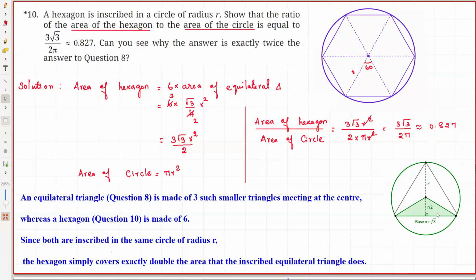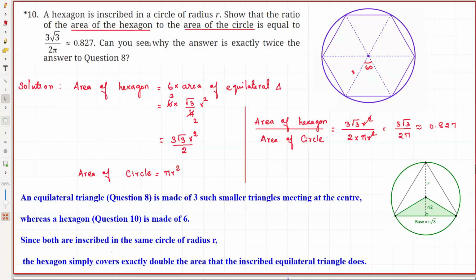This is the diagram for the first one. Here in question number 8, 3 such smaller triangles meet at the center: 1, 2, 3. Whereas in the hexagon, we have 6 triangles meeting at the center. Since both are inscribed in the same circle of radius r, the hexagon covers exactly double the area that the inscribed equilateral triangle does.